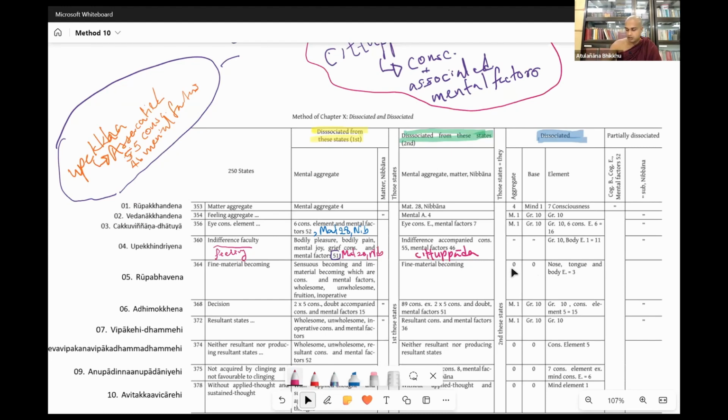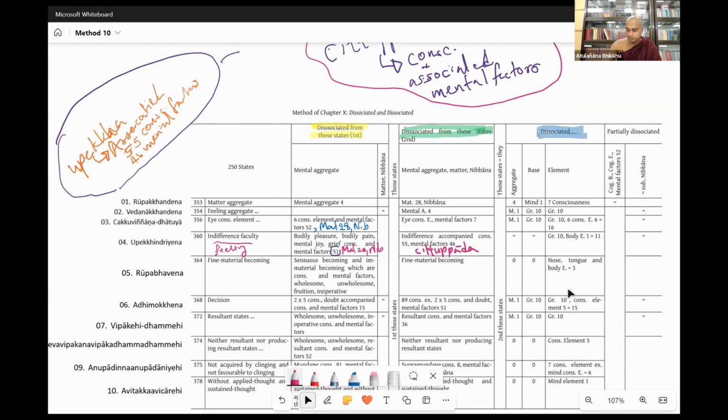But it does not apply here. So it's 0 here, right? So anyway, the partial disassociation is not applicable. So it's only disassociated with these 3 types of elements which do not arise in the fine material becoming.